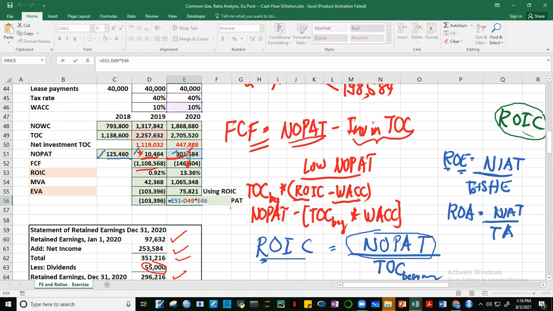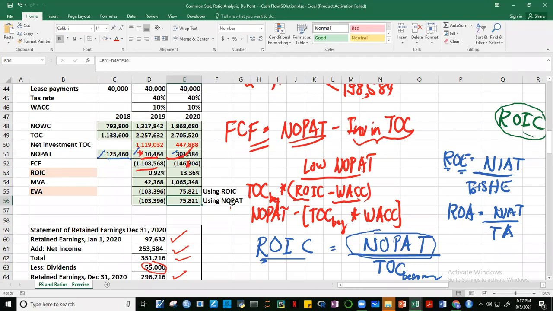Ang NOPAT natin 301, ang capital charge natin is 225,763. So that's the beginning capital, 2257 times 10%. So mas mataas yung NOPAT natin, kaya positive yung EVA natin, no? So that means value was created.